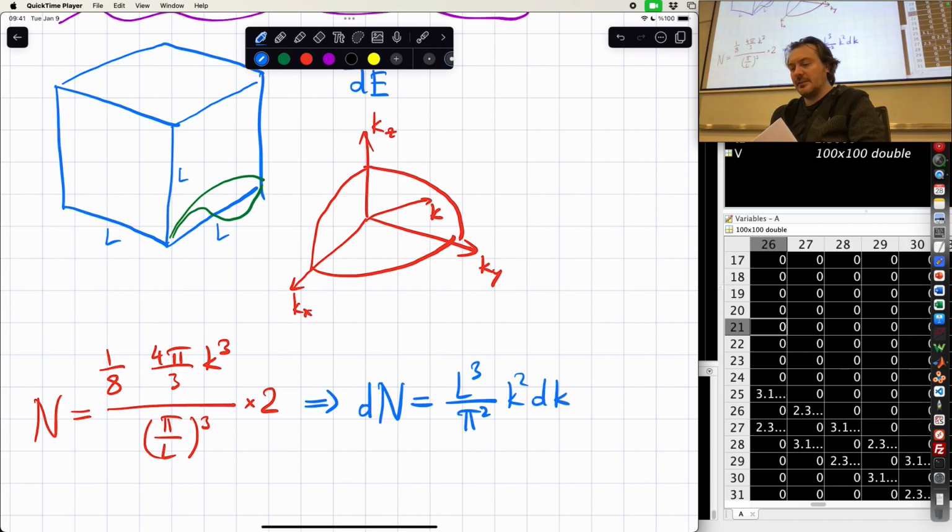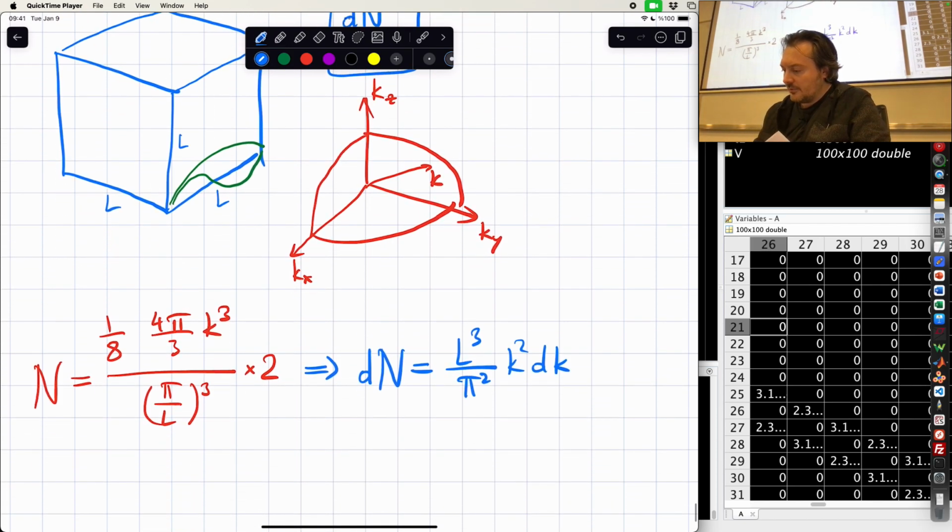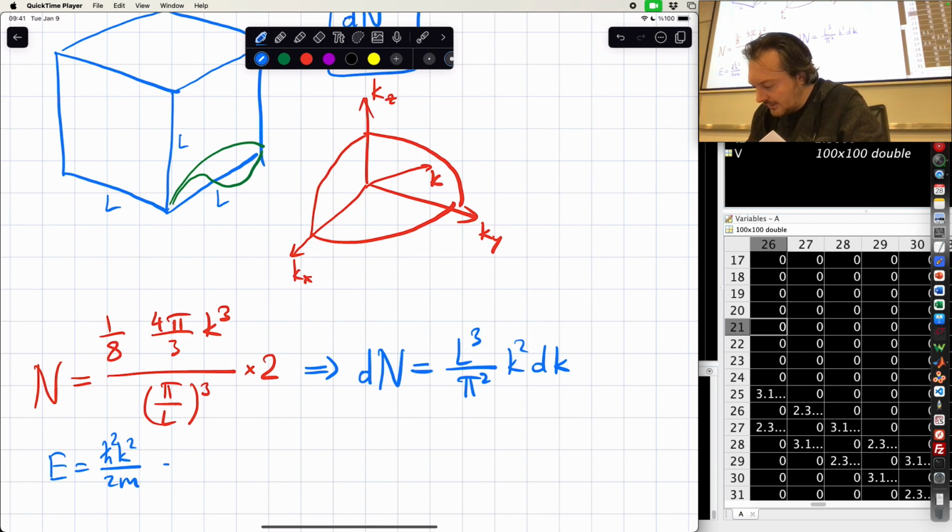So if you take the derivative, dk, because we are aiming at this one, okay? So this is the way to go. And we also have E equals h bar squared k squared over 2m. So when we put all that together, I will just jump to the end.